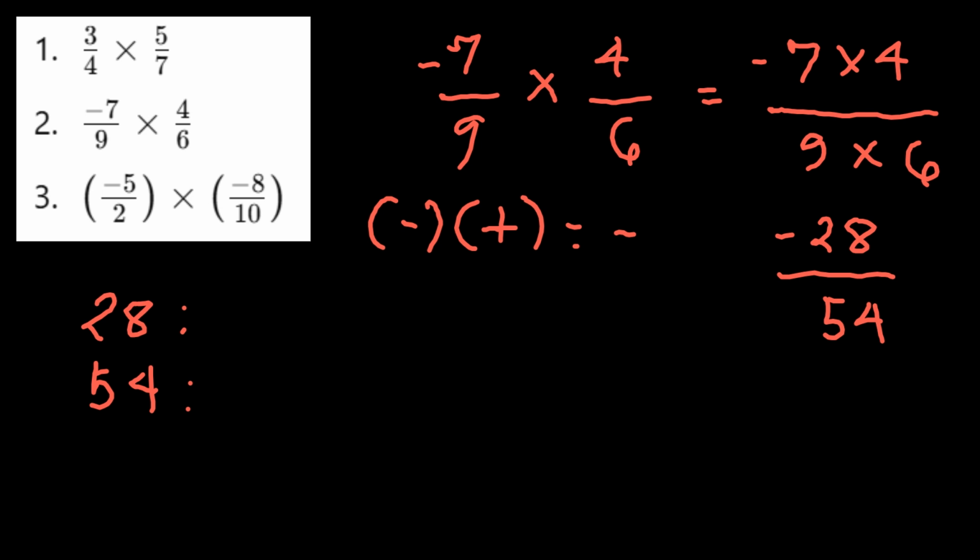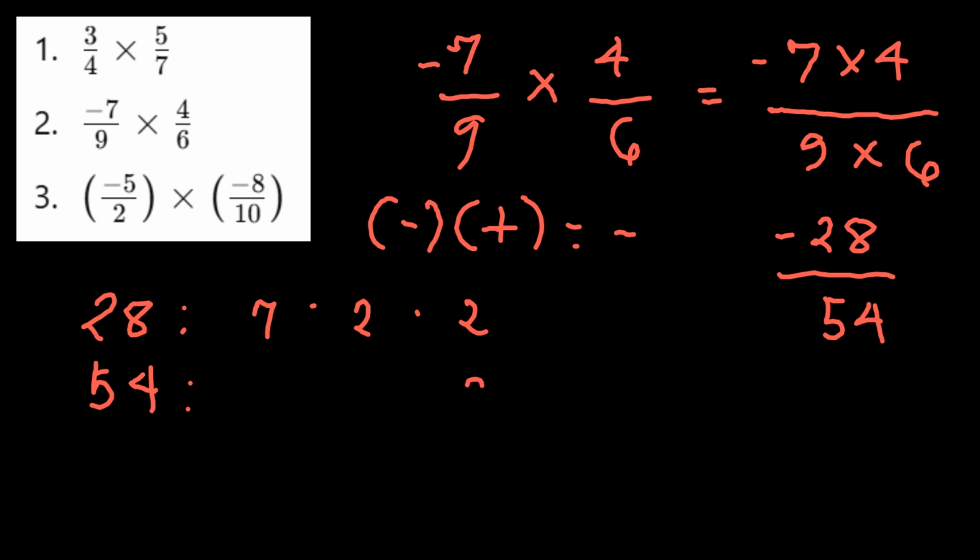For 28, we have 7 times 2 times 2, because 7 times 2 is 14, and 14 times 2 is 28. That's how I usually do it. That's my own strategy.